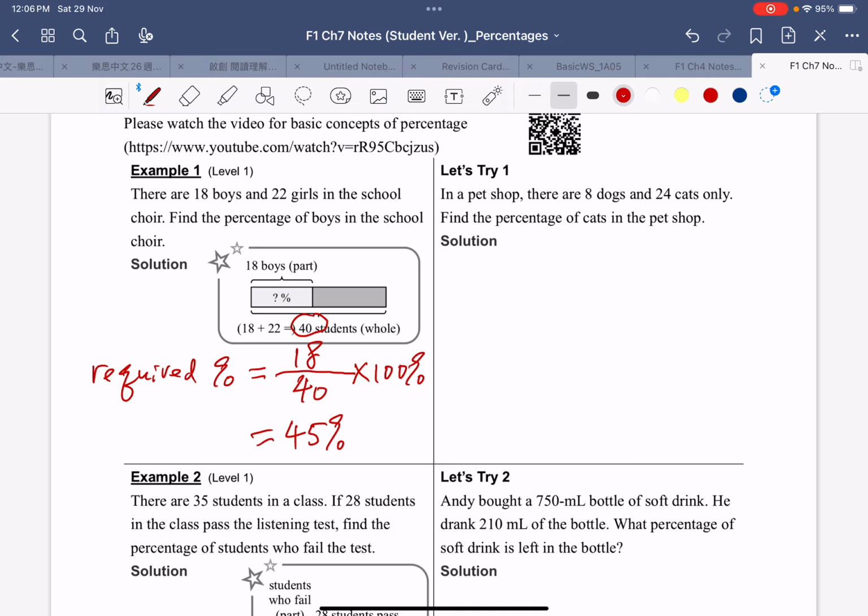Now let's try the first one together. Let's try one. In a pet shop, there are 8 dogs, 24 cats. We need the percentage of cats. You pause the video and try to solve it by yourself now. Okay, let's do it. The whole is the total number of animals. 8 dogs plus 24 cats equals 32. You add up these two numbers. This is the whole.